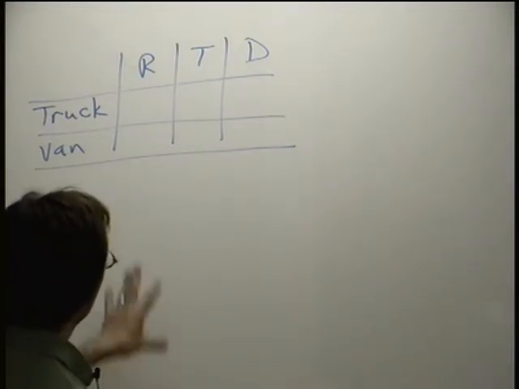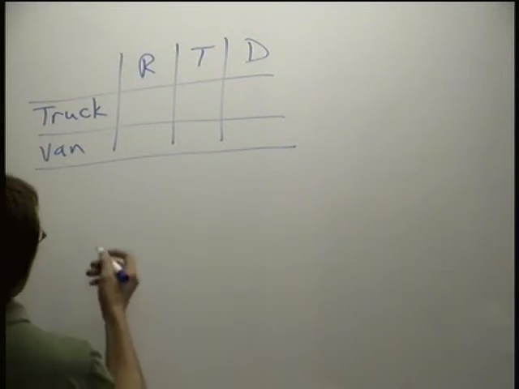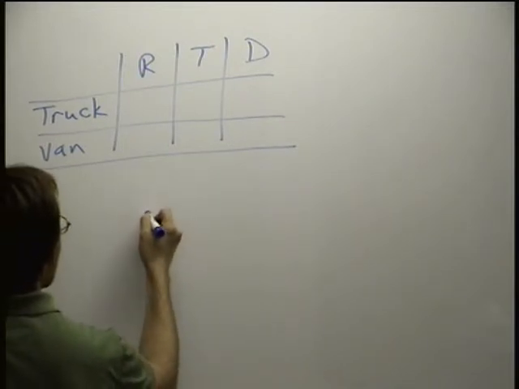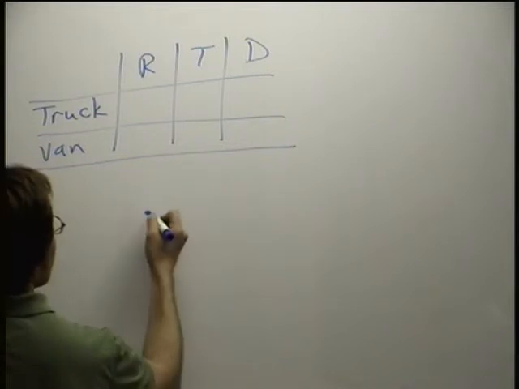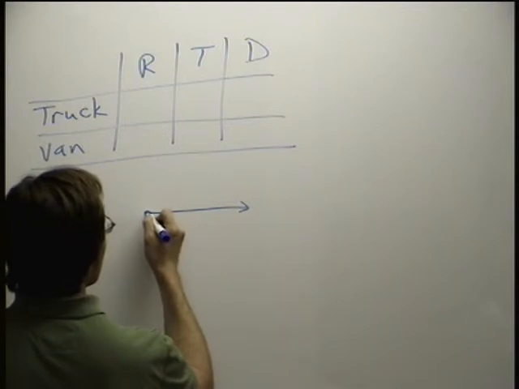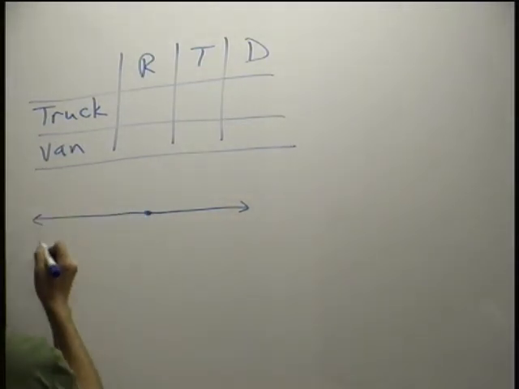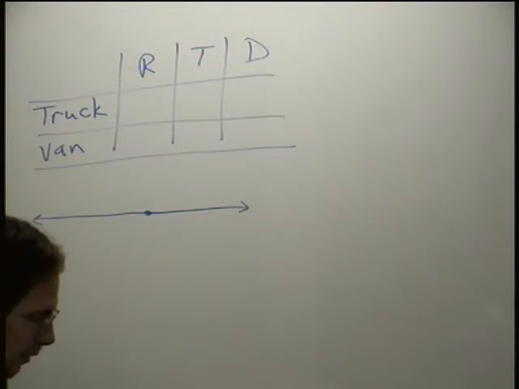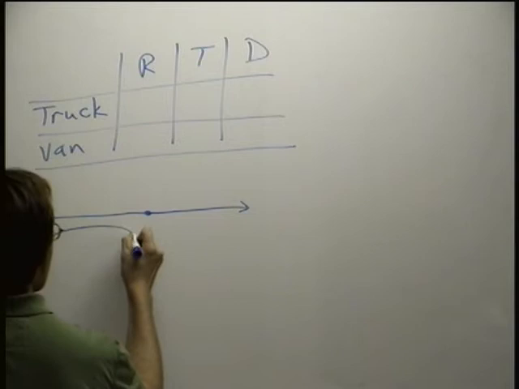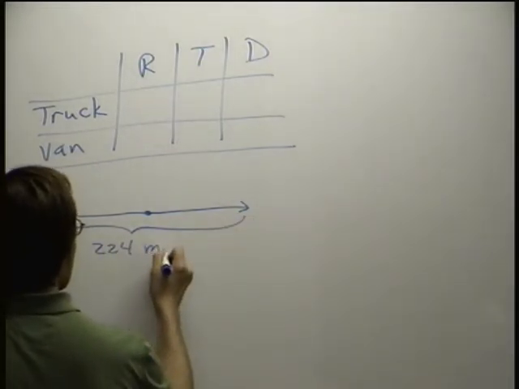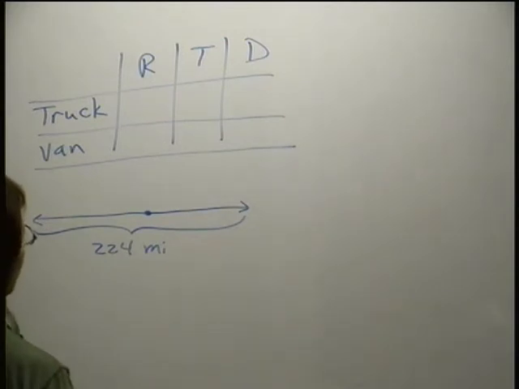And we can start filling that chart in with information. Along with that, we can draw a picture. They started at the same place at the same time and traveled in opposite directions. We know that their total distance apart is 224 miles.